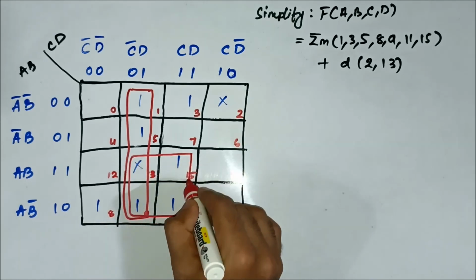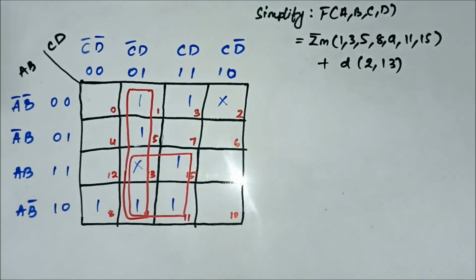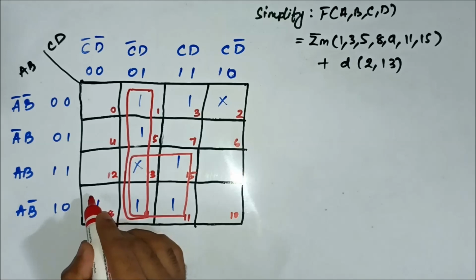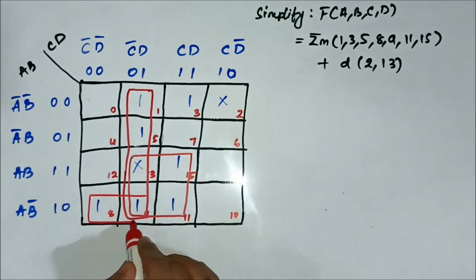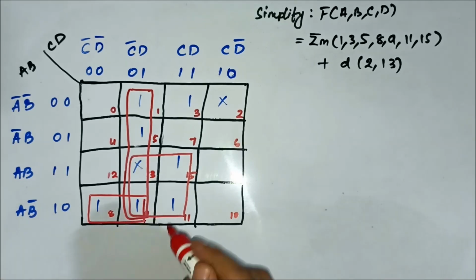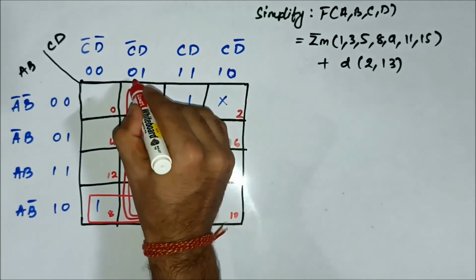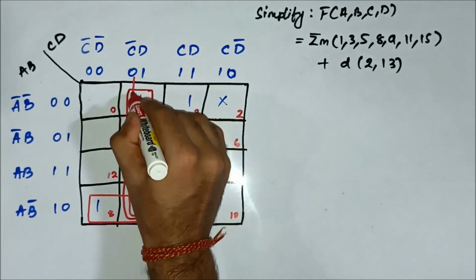This is one quad. Then we can form a pair here, and again we can form another quad with this.